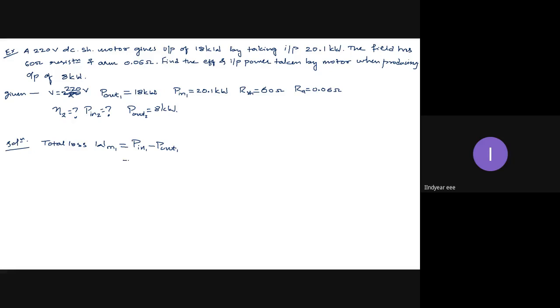So this I will write as 20.1 K minus 18 K. So this will be equal to 3100 watts. Sorry, not 3100. It is 2100 watts.